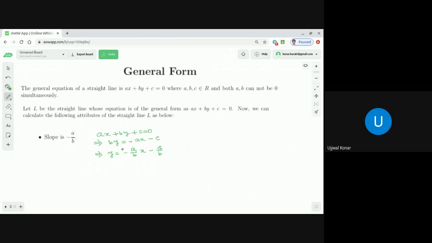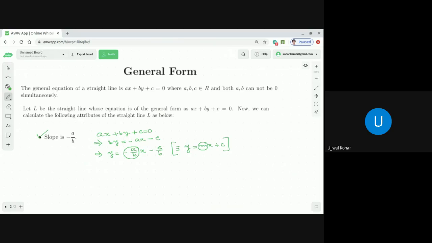So this minus a by b, if you make an analogy with y is equal to mx plus c, correct? That is the slope intercept form, dear students. What is that m? m is nothing but the slope, which we find here is minus a by b. Hence we say the slope is minus a by b.